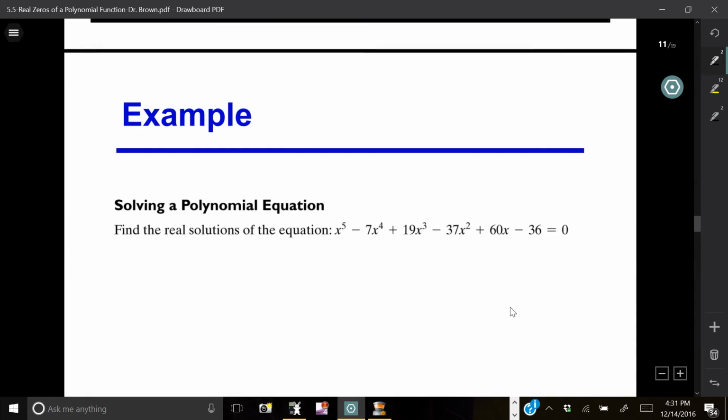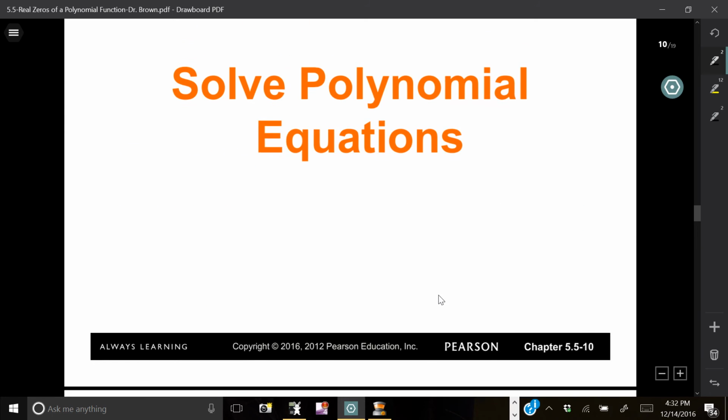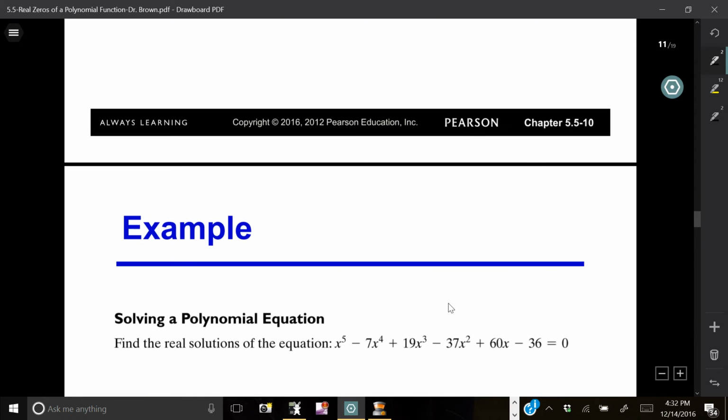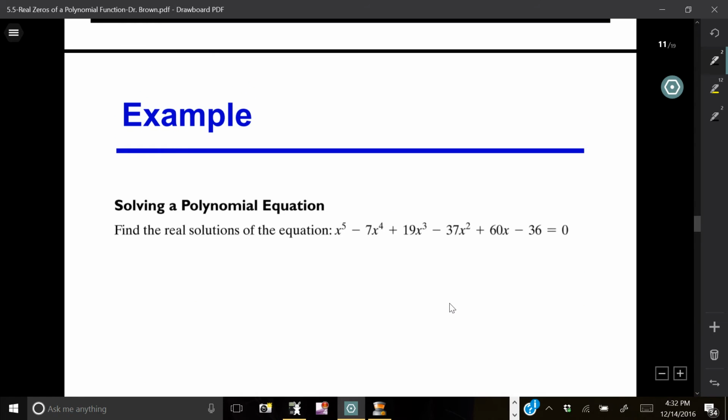Now we want to solve polynomial equations. This is going to be easy because this equation happens to be the original equation that we just looked at.